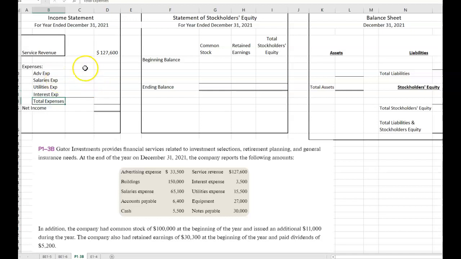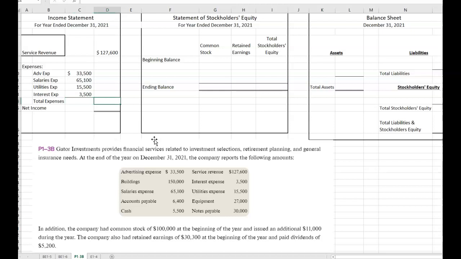Okay? And we're going to put these amounts in this column. So advertising expense is $33,500. Salaries expense is $65,100. Utilities expense is $15,500. Oops. Yes, interest expense, I got those out of order, which doesn't help, is $3,500.